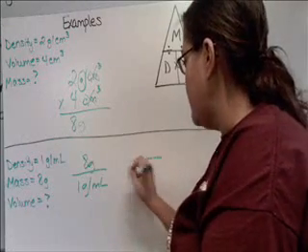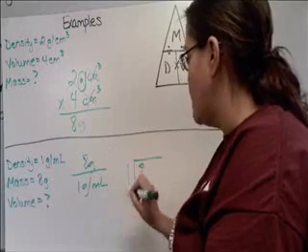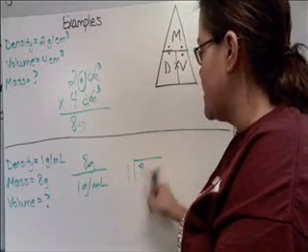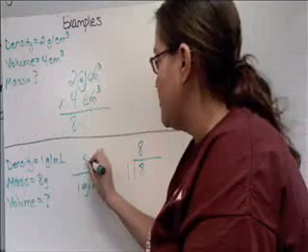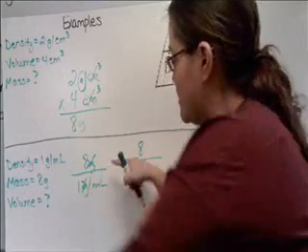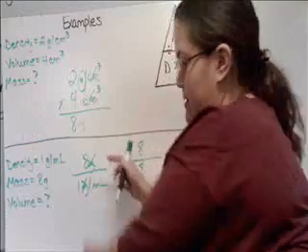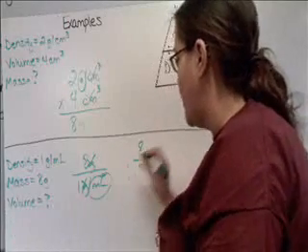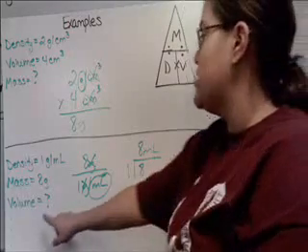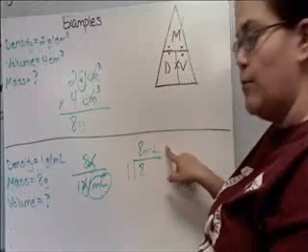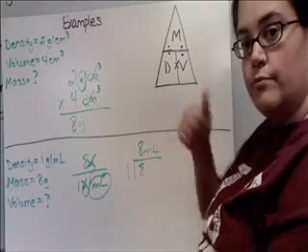The 8 goes inside. The horse, the 1, stays outside. 1 goes into 8, 8 times. And then for your label, you cross out the one that's doubled, so you have grams in 2 different places. And the one that's left over is your label. And again, we check volume, and we know that milliliters is a unit of volume. So we're good.